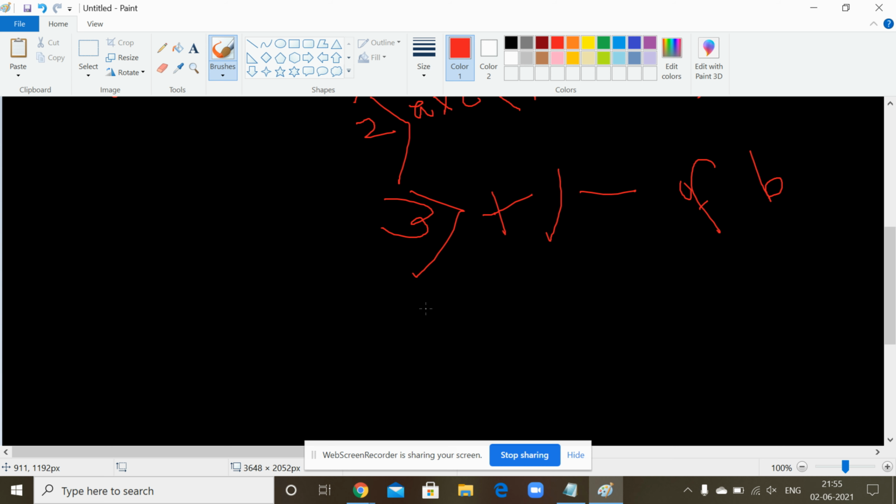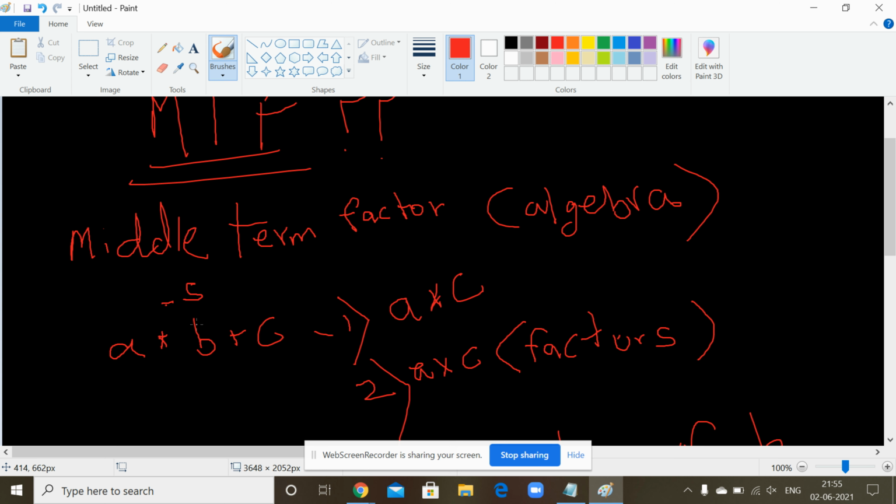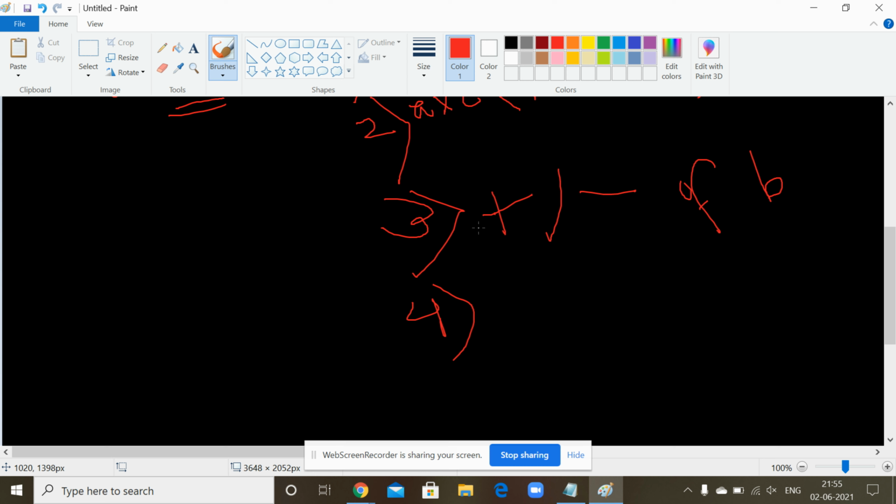B. Then fourth, instead of the middle number we write the expanded form. If we take the middle, it is B, meaning 5. So we will write the expanded form with 6 and 1.